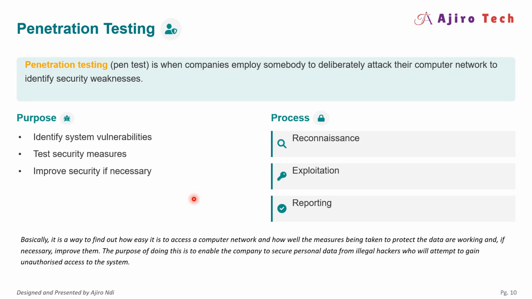It's basically a way to find out how easy it is to access a computer network and how well measures can be taken to protect the data that they have, and improve their system. The purpose is to enable the company to secure personal data from any illegal hackers who would attempt to gain unauthorized access to the system.